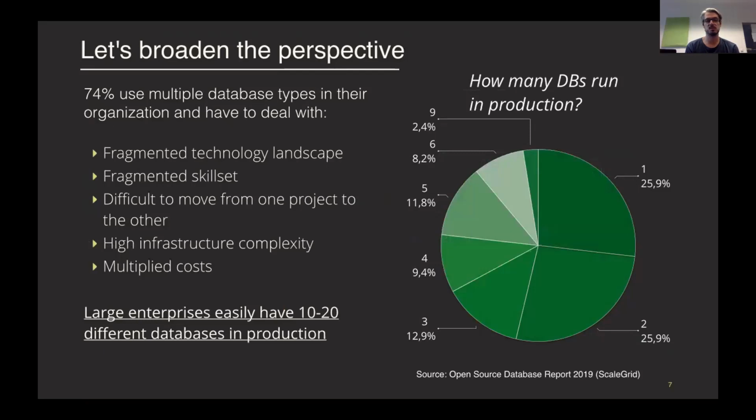You have to upgrade, maintain and run all these databases. And of course, you end up with multiplied costs. Because if you go with an enterprise or some business relationship with all these vendors, you have multiple contracts you have to close, which includes contract costs and evaluation and negotiation costs. So this is a big issue as far as we can see for larger enterprises.